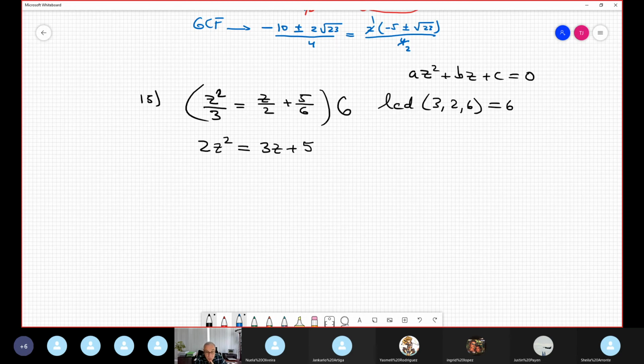Ready? No, because it's not expressed in standard form. So the thing I did was remove the fraction. Always, highly recommend that. Nobody can work with the quadratic formula using fractions. We can, yes, but it's crazy. Then express it in standard form: 2c squared minus 3c minus 5 equal to 0. And you determine that A is 2, B is negative 3, and C is negative 5.